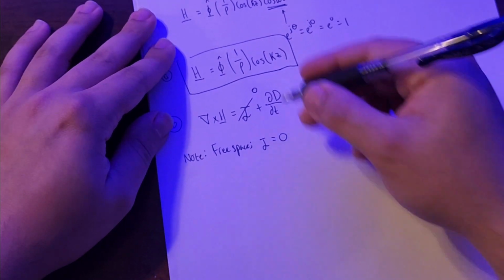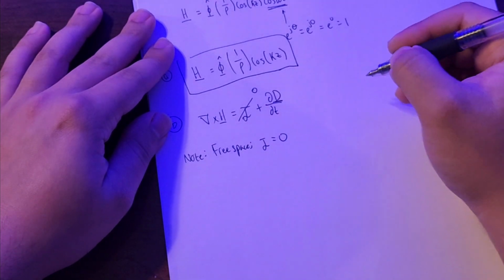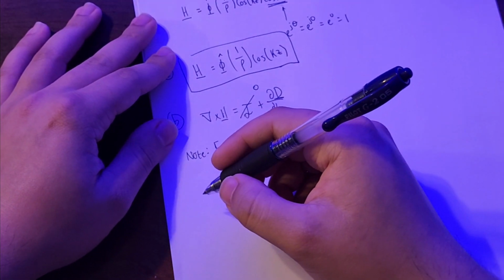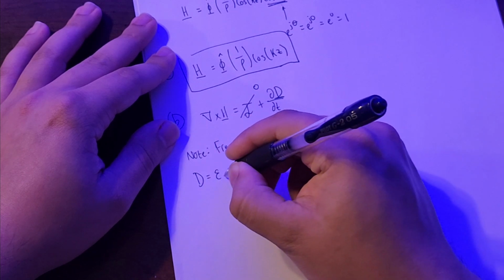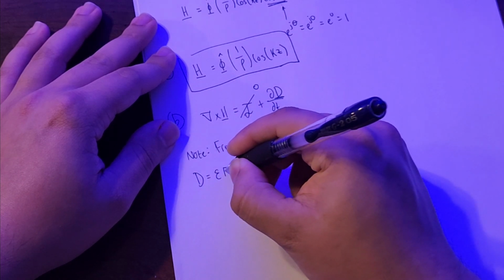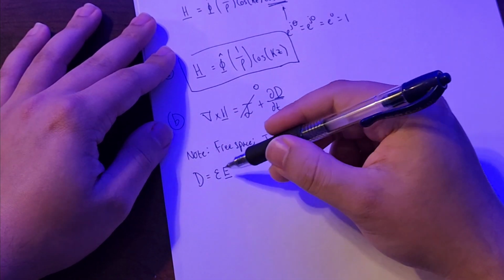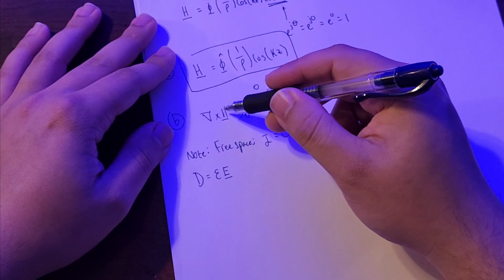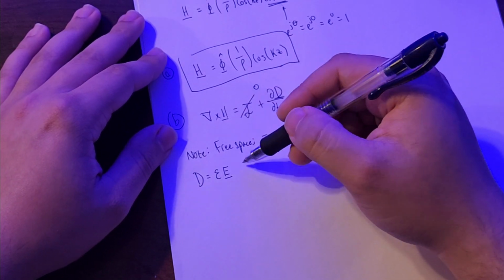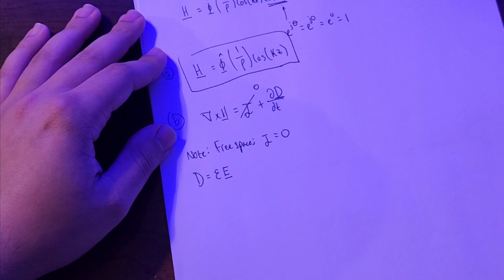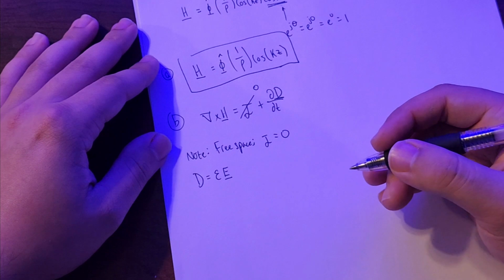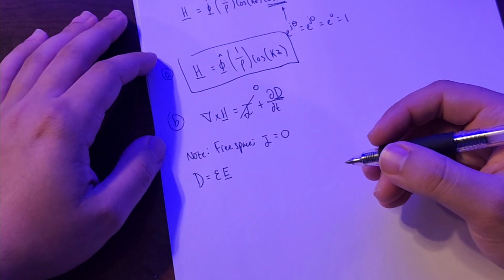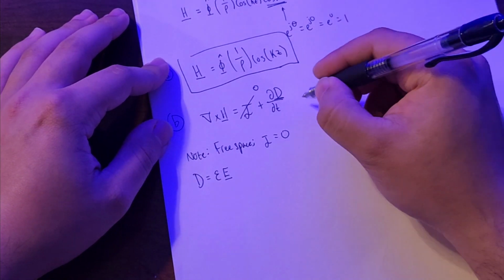Something else to note. What is D? D is the electric displacement field, also known as epsilon E. This is how we get the relationship between the magnetic field vector and E. So that would be how we end up getting this equation. All right, so let's rewrite this.